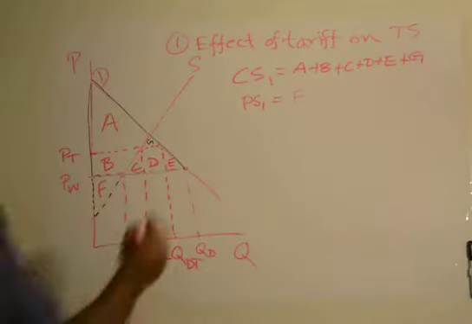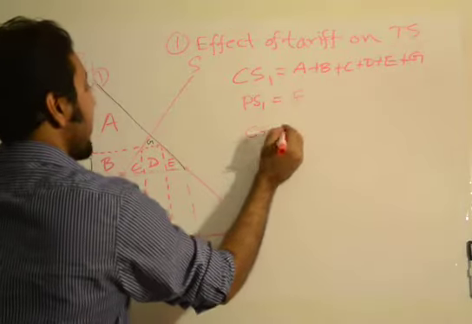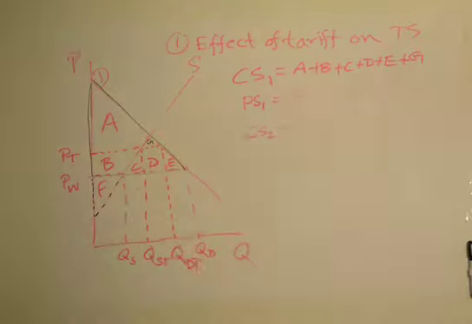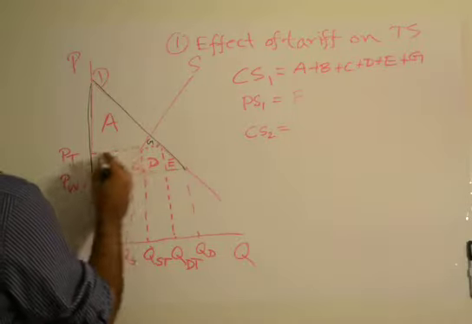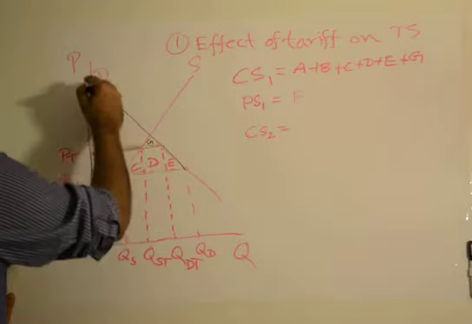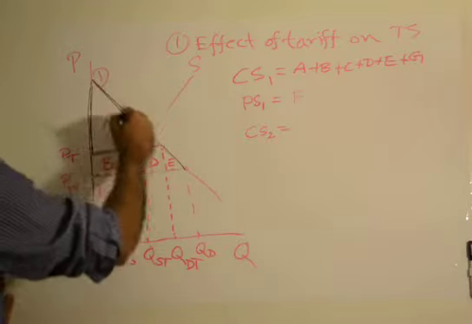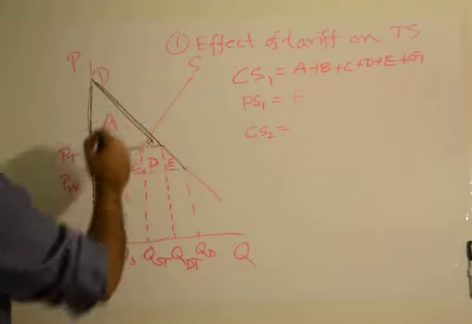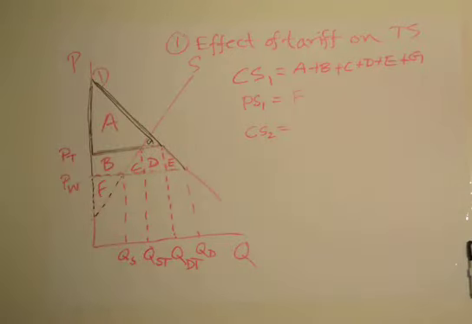After the tariff, the consumer surplus is given by the area between the new price line, which is PT, the vertical axis, and the demand curve. Okay, so the region A gives us the new consumer surplus.